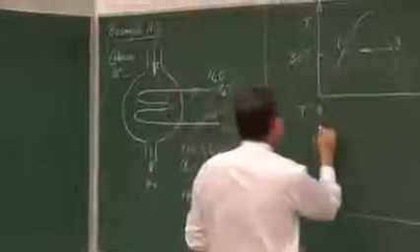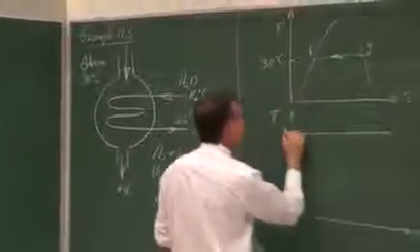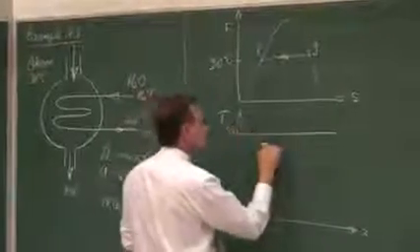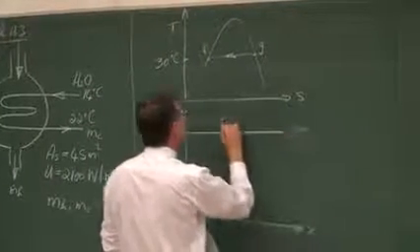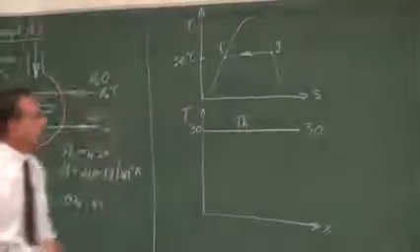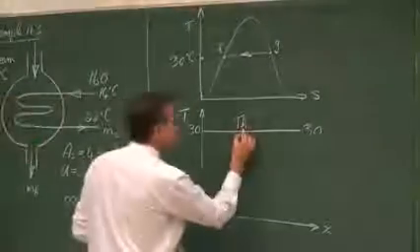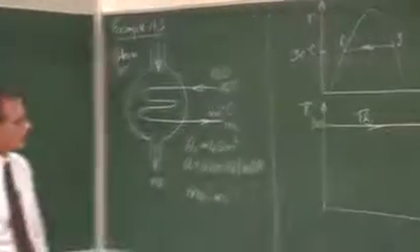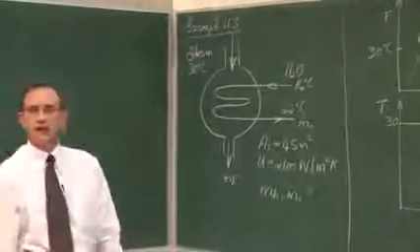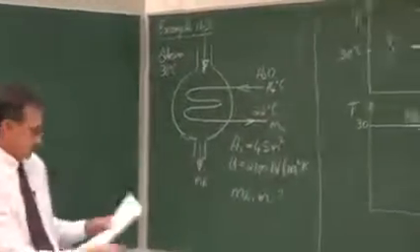So the steam temperature remains constant. The inlet temperature is 30 and the outlet temperature is also 30. And that is T_H, that is the hot side. And let's show the direction in that direction, because we can, and we just choose it like that.